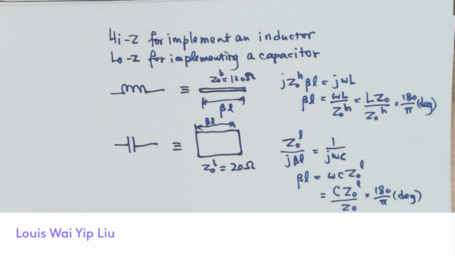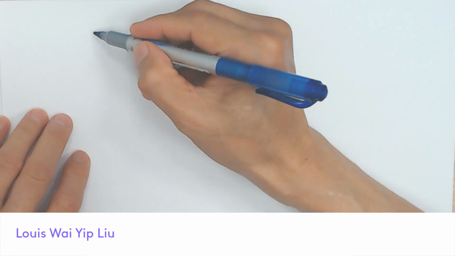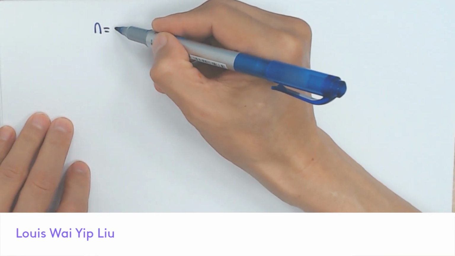Okay, so now the next step is to actually design the filter. The first thing that we need is to determine the filter coefficients with the provided information, which includes the order of the filter and the passband ripple. The order of the filter is 5.